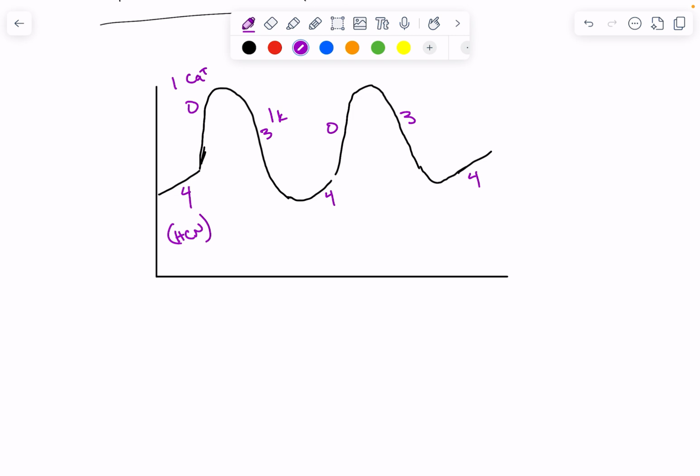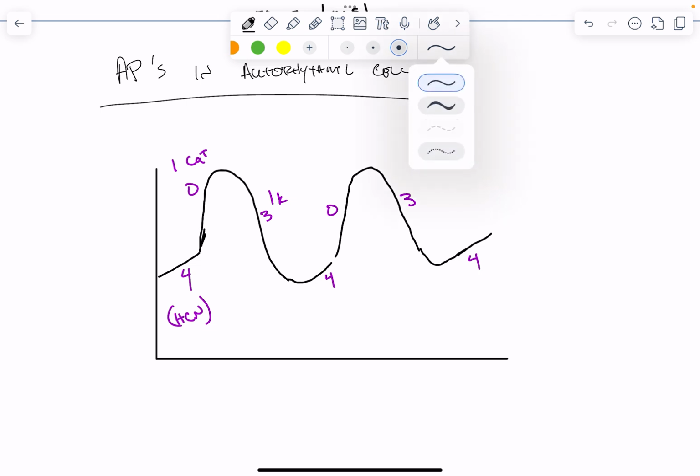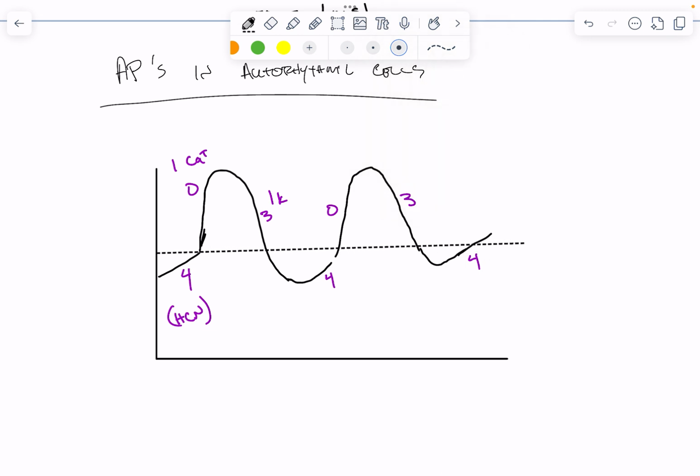What you'll notice, especially here, is that there is no resting phase of these contractions. Threshold potential.